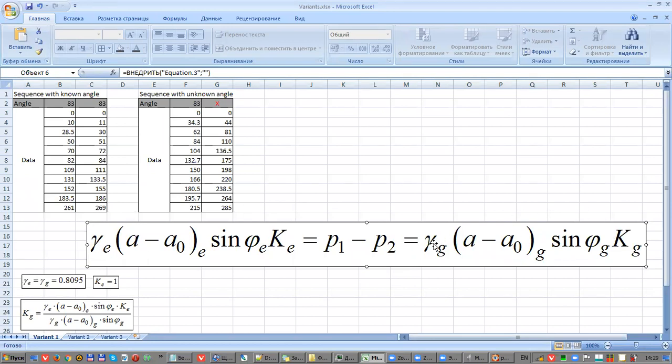Gamma E and gamma G is the density of fluid, and we know this density, 0.8095. This value in brackets, A minus A0, is data from the table.